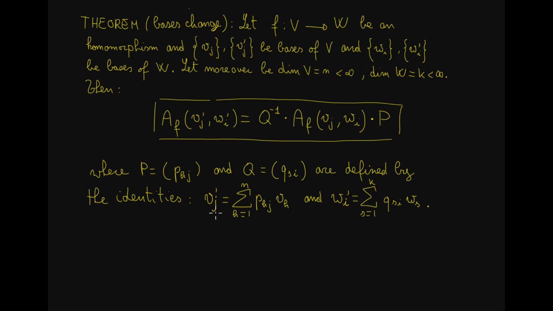If we fix j and we express Vj prime as a linear combination of the old basis, we see that in Phj it is the first index that varies, because the first index follows the index of the old basis.